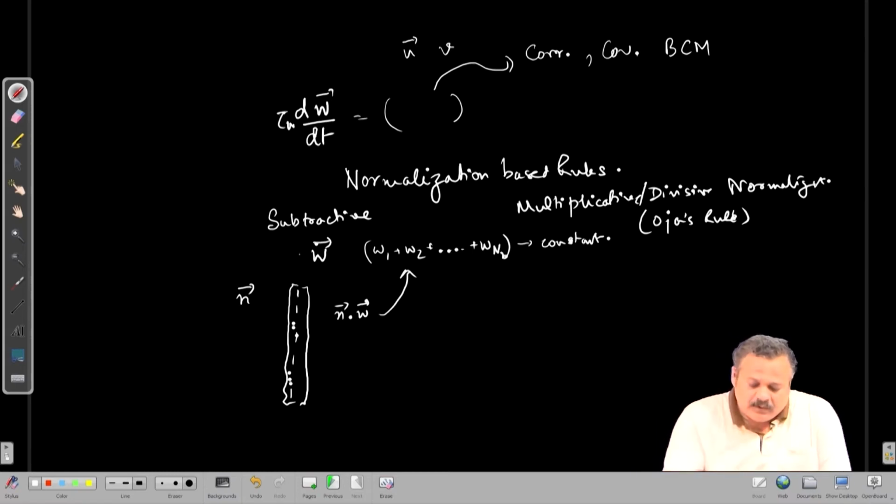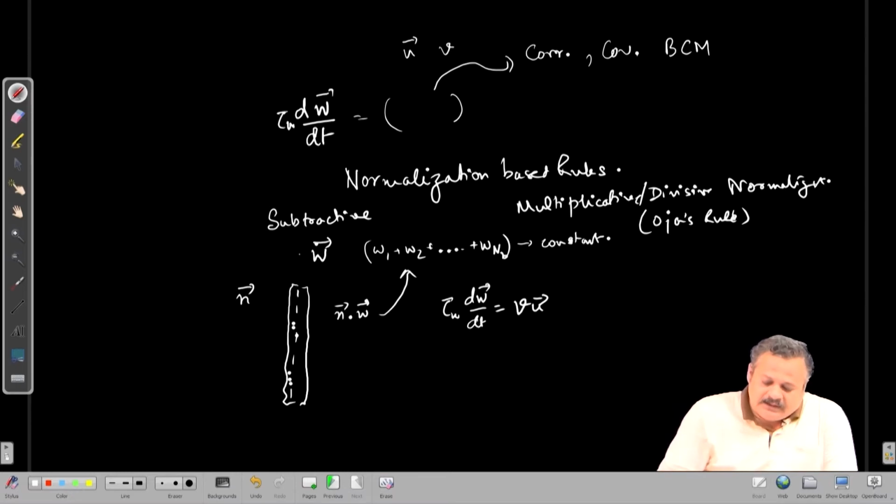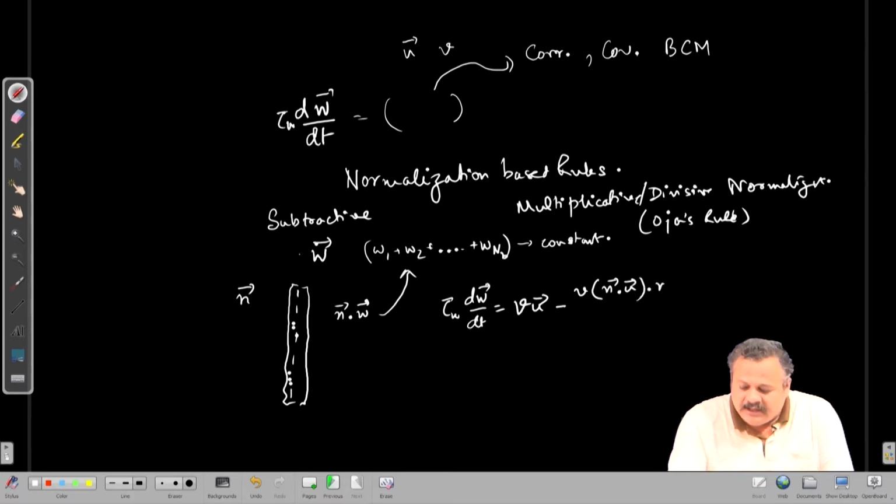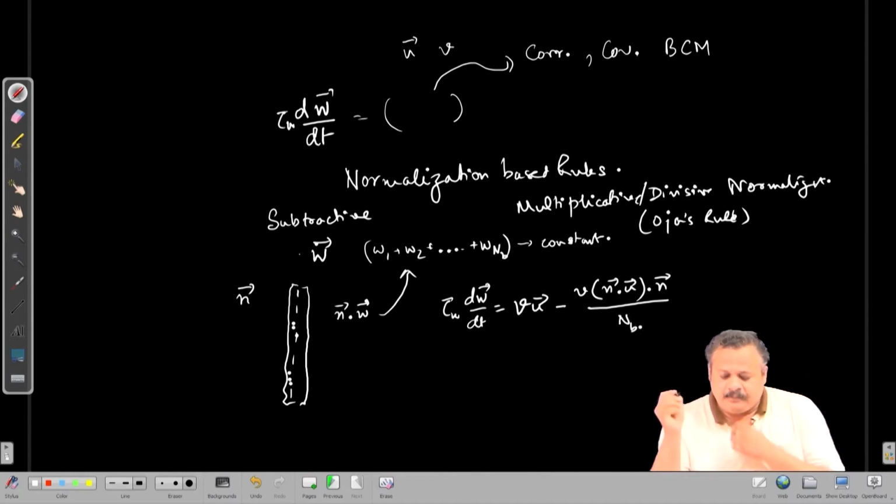So, our learning rule, that is tau_w dw/dt, is given by v u, as we always have, and that restriction is brought in by minus v (n dot u) times the vector n divided by N_u.